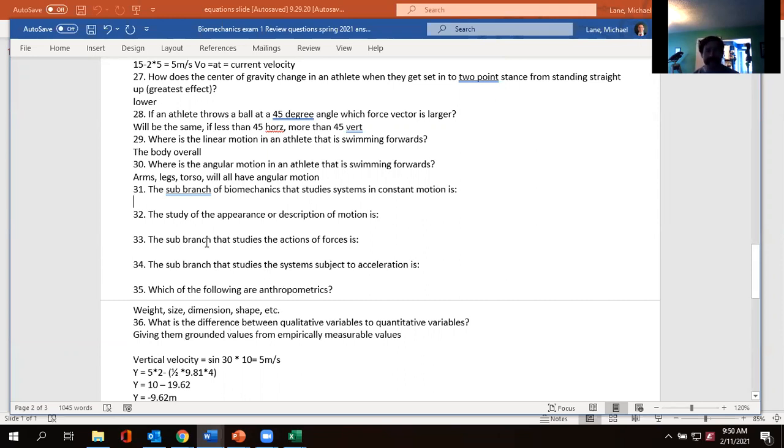All right, so let's round it out with 31 through 34. What answers did you guys get for me? 31, statics. Yep. Because remember, it's not just an object that's not moving, but one that is obviously in constant motion.